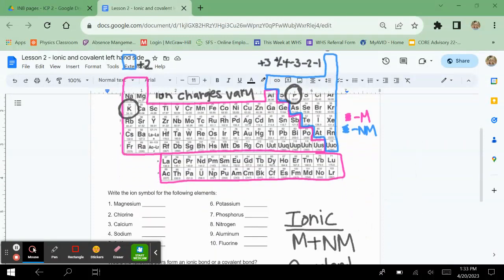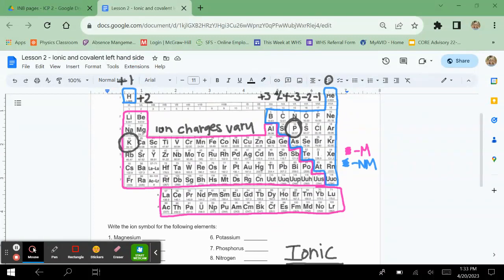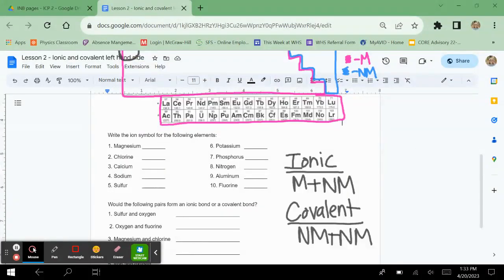Sulfur and oxygen are both in the blue, so the non-metals. So I'm going to take my blue color and put 2 blue lines because they're both non-metals. Then I think about my different types of bonds: ionic is metal, non-metal. Covalent is non-metal, non-metal. These are both non-metals, so I know it's going to form a covalent bond.